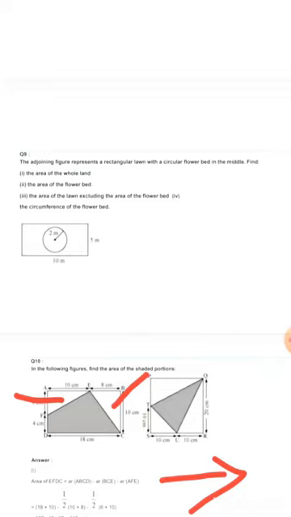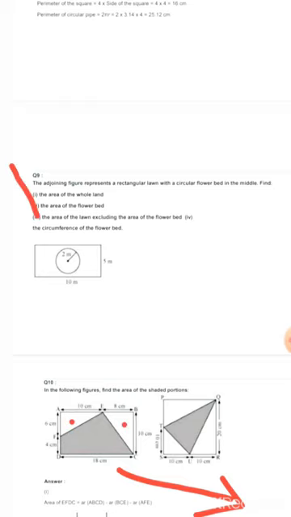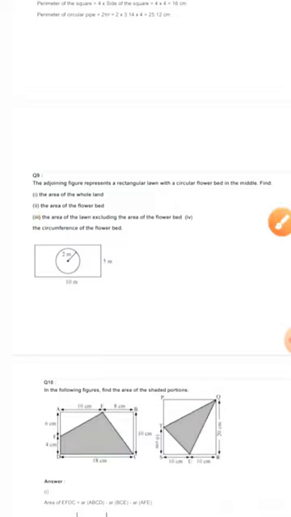First find it for the complete rectangle, then subtract these two, so you will get the area of the shaded region. In this way you can find it. Here also you will have to find the area of these three regions and the complete one. From the complete one, subtract these three regions, and you will get the answer.